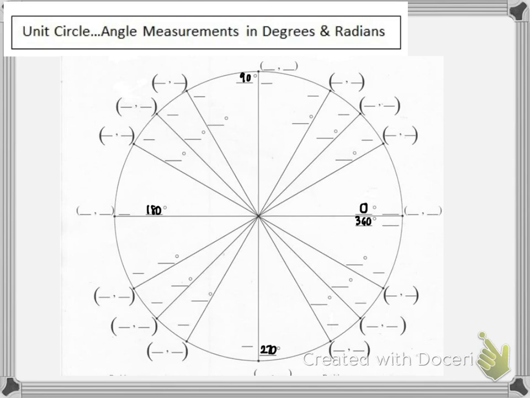Okay. Then I'm going to think about each of those sections cut in half. I'm going to think about 90 divided by 2 is 45.